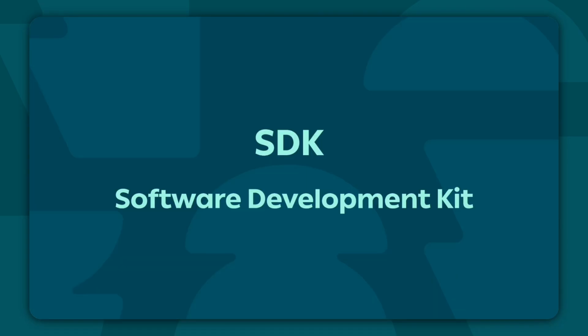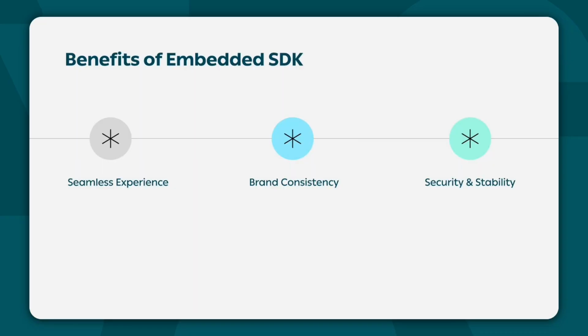So what are the benefits of the SDK? Why does Salla use the Embedded SDK? It's a seamless experience, so merchants don't have to switch tabs or manage multiple logins across many platforms. Also, it's brand consistency. Your app looks like a native part of the dashboard. It will be easy to use for the merchant who uses your app.